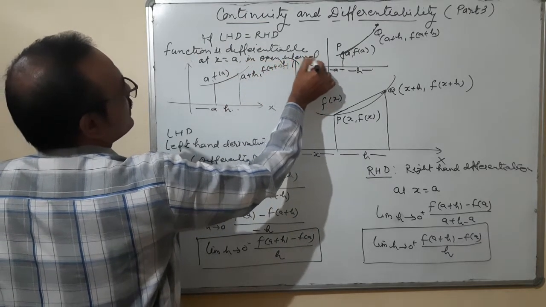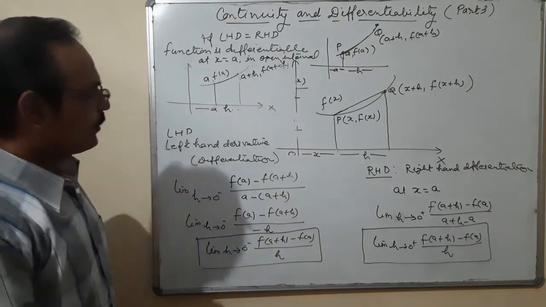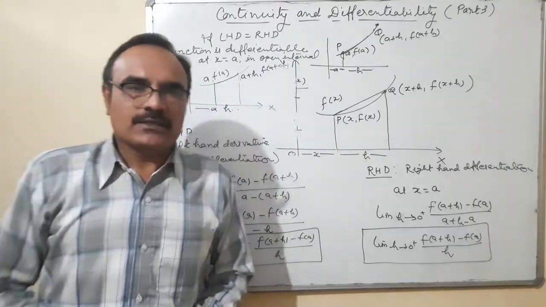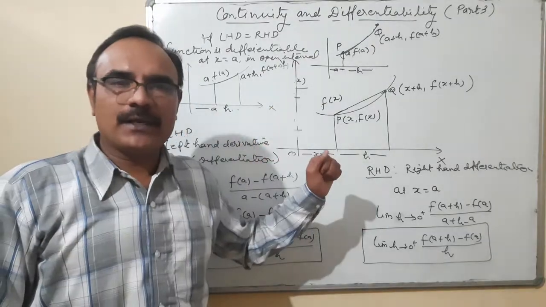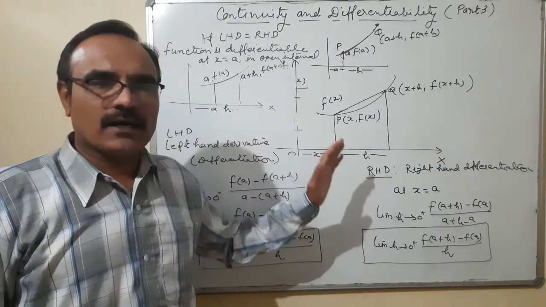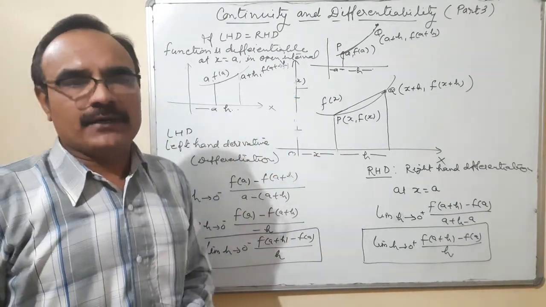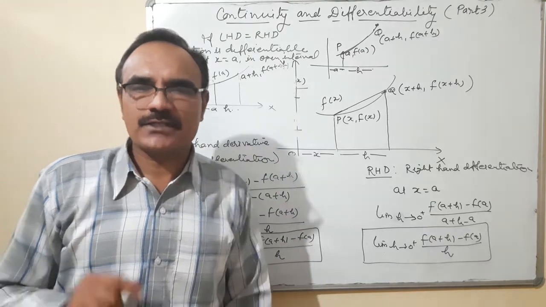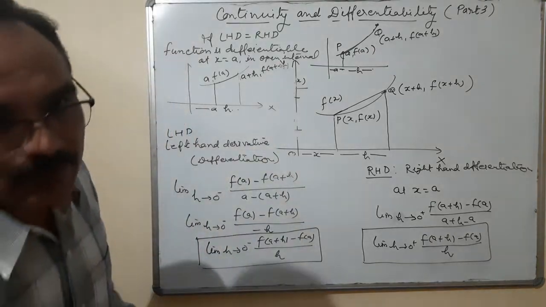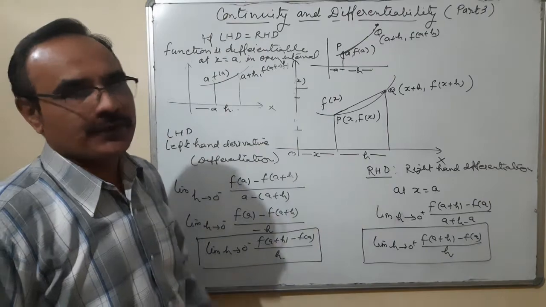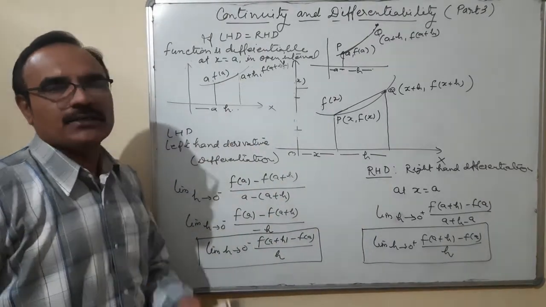Function is always differentiable in open interval. Okay, so that is one. So this is the definition of derivative, differentiation, and what is RHD and what is LHD. If LHD is equal to RHD, that means the function is differentiable at the point which is given. Here I have taken x is equal to a, so the function is differentiable at x is equal to a.